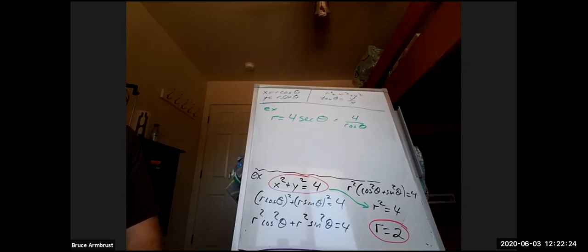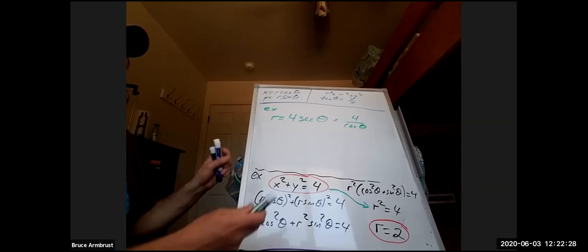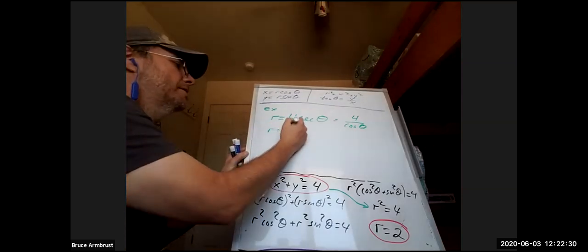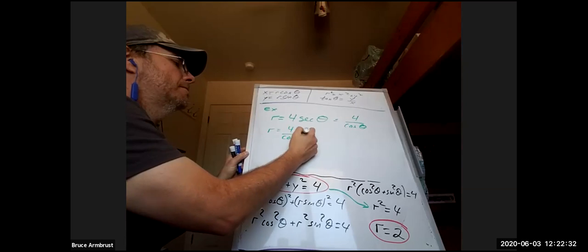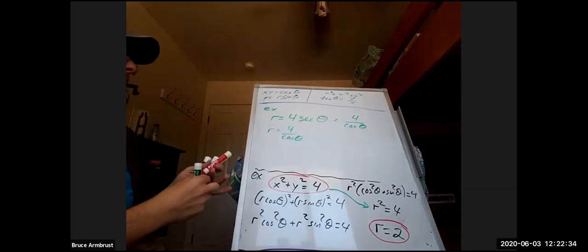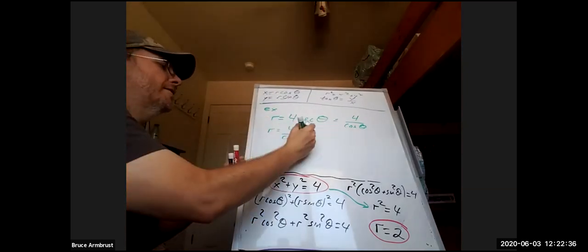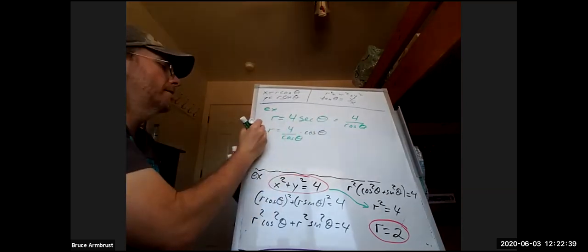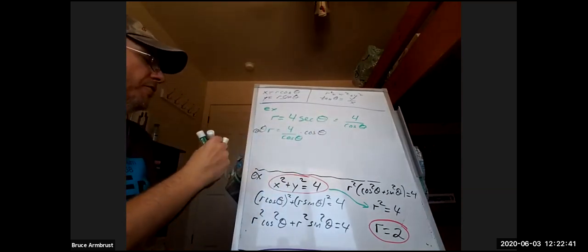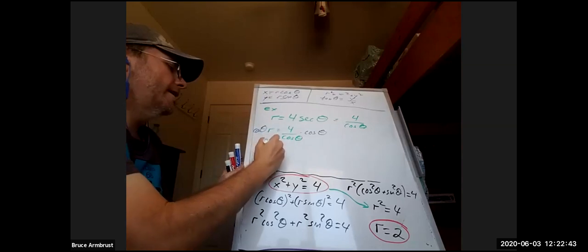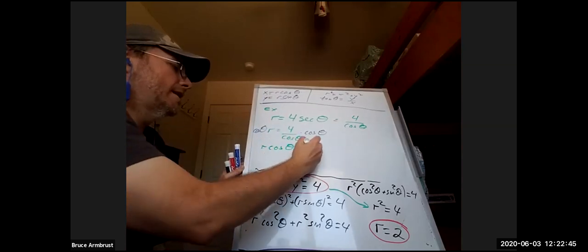All right, so now I'm going to multiply both sides of this by cosine. So we'll just go ahead and multiply left and right by cosine of theta. So we've got r cosine theta is equal to 4.